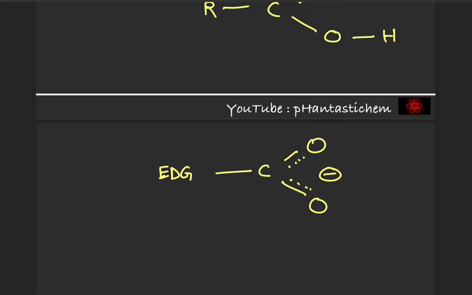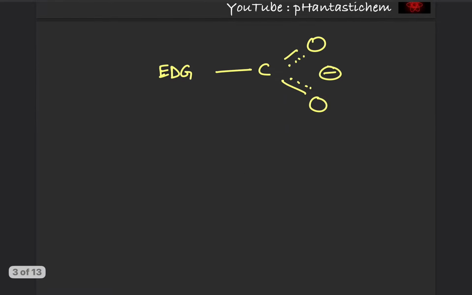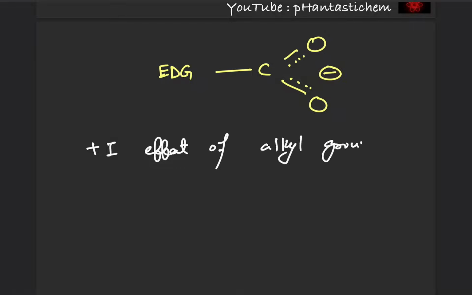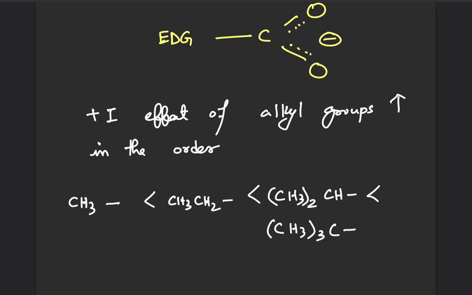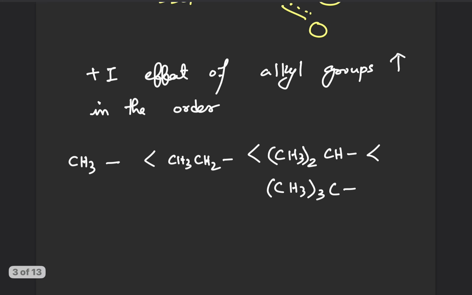The next thing we need to understand is that the plus I effect of alkyl groups increases in the order CH3, CH3CH2, (CH3)2CH, and then (CH3)3C. It's very easy to understand, because the more such groups, the more the plus I effect.